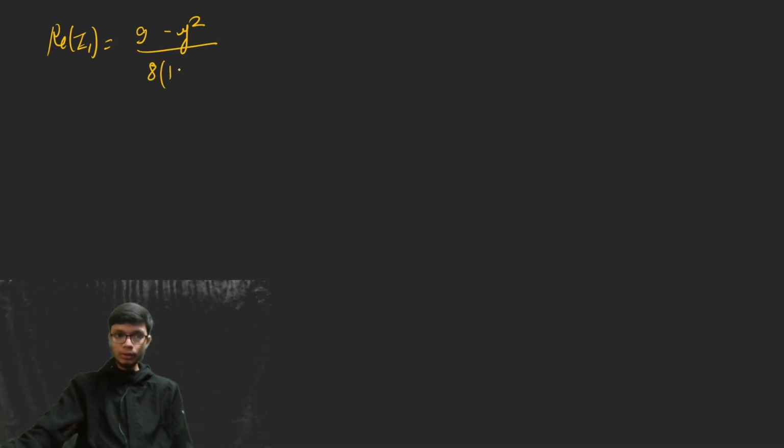All right, so the real part of z1, we basically got it as (9 minus y²) whole divided by 8 times (1 plus y²). Now I can simplify this result: in the numerator part I can write this as 10 minus (1 plus y²). Why did I do so?